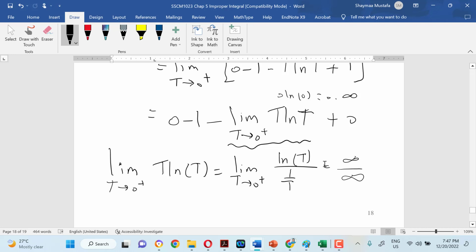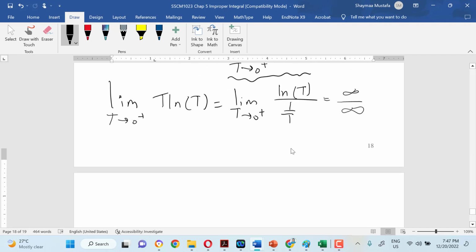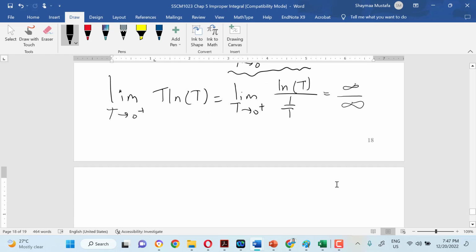L'Hopital's rule: I have to differentiate the top and the bottom. So it will become equal to the limit when t goes to 0. The derivative of ln t is 1 over t, over the derivative of 1 over t, which is minus 1 over t square.